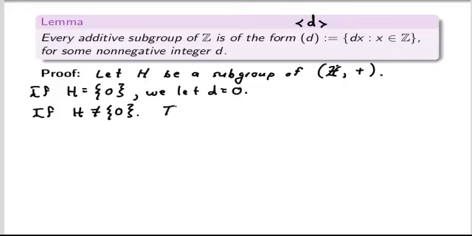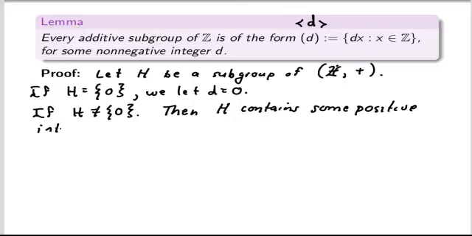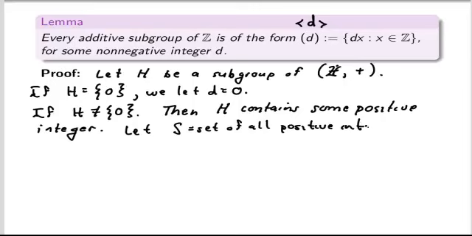So we can say that H contains some positive integer. Okay, so let's look at the set S of all positive integers in H. Well, this is a non-empty subset of the natural numbers.